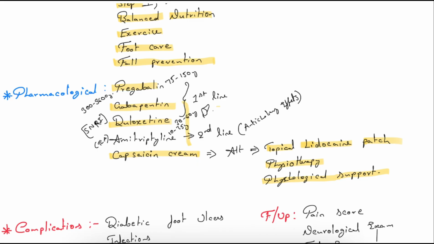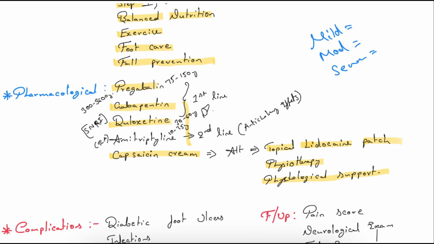Next, in severity-based management, the severity is mild, moderate, and severe. In mild cases, we can treat the cause. Then we have to do some lifestyle modification, counsel the patient about foot care, and start low dose medications if the patient has pain. Next, moderate.